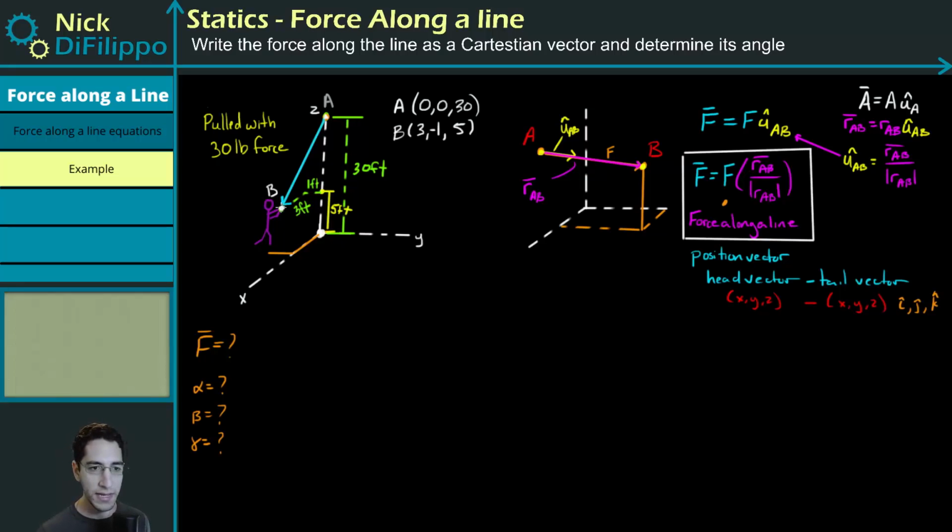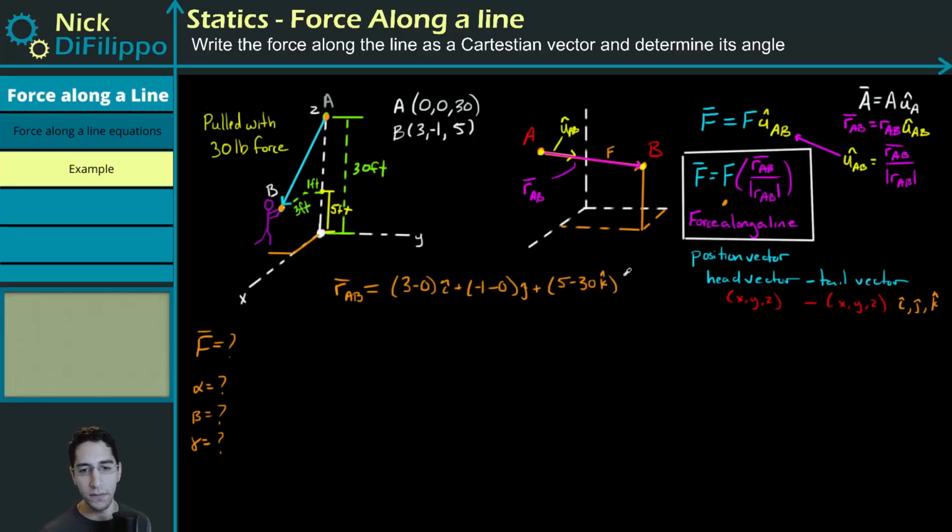So B is at the head of the vector. We're going to subtract A, which is the tail of the vector. So R_AB is going to be equal to 3 minus 0 i, plus minus 1 minus 0 j, plus 5 minus 30 k.